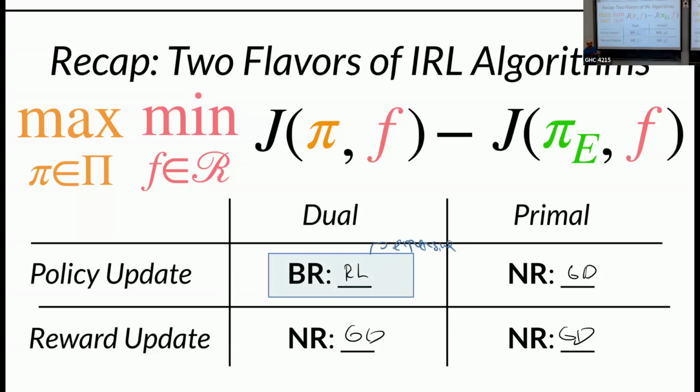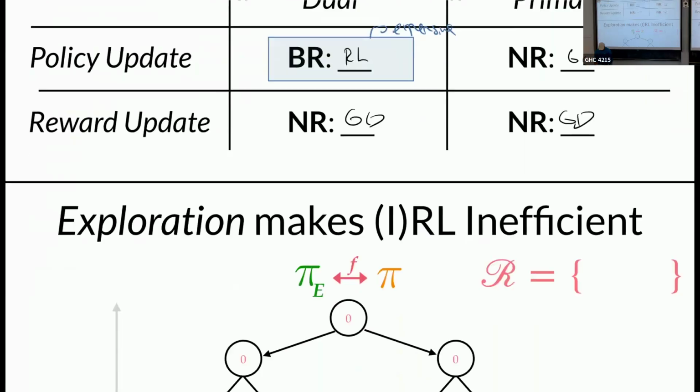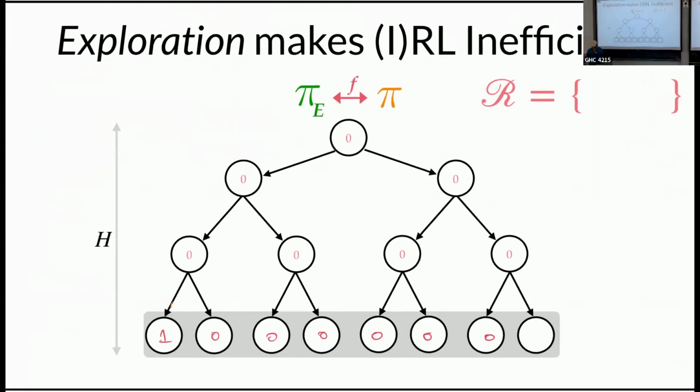We didn't talk too much about exploration in this course, so let me give you the cartoon version of this problem I have in my head. Let's say we have the following tree-structured MDP.